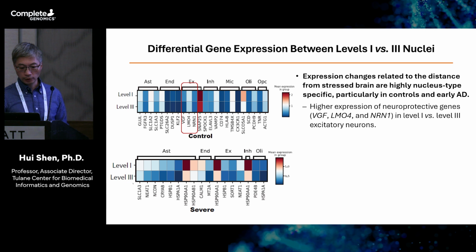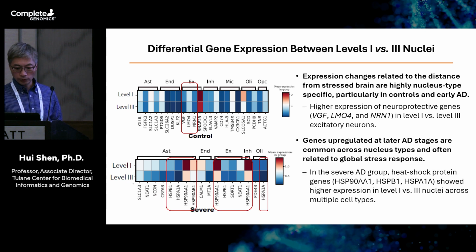However, if we look at the severe AD group, we see a whole lot more differentially expressed genes that are common in different nucleus types. For example, highlighted here are some of the heat shock protein genes, like HSPB1 and HSPA1A.